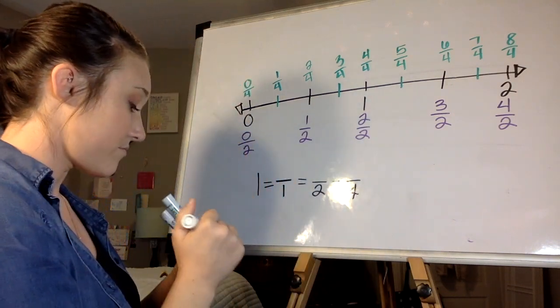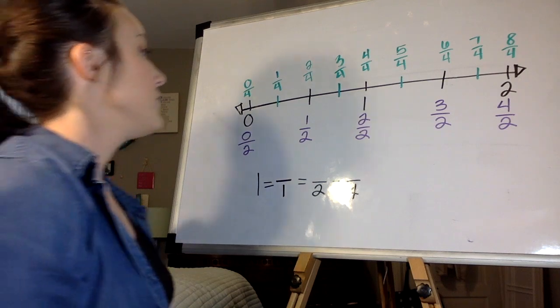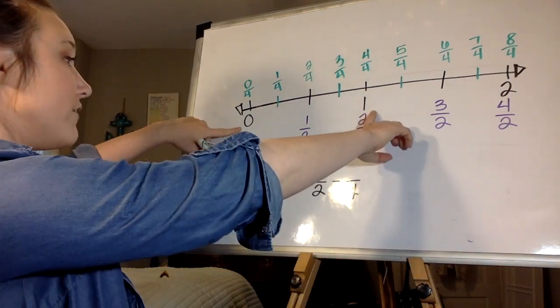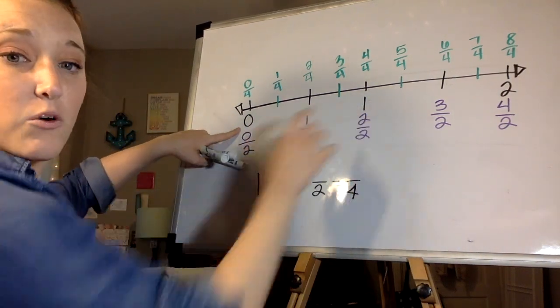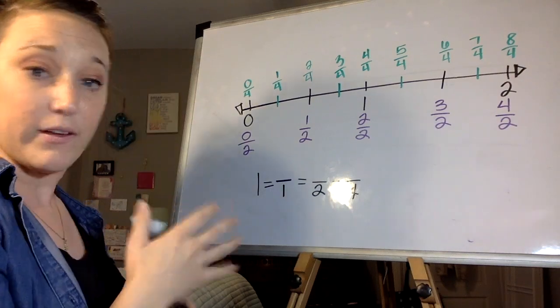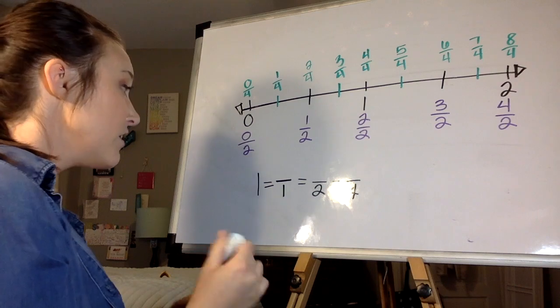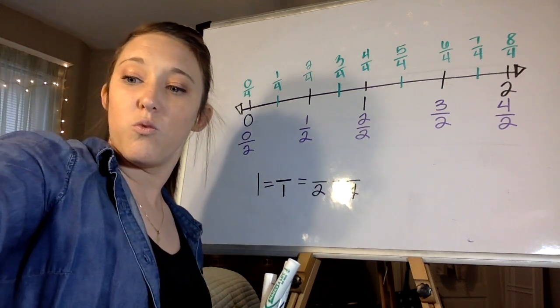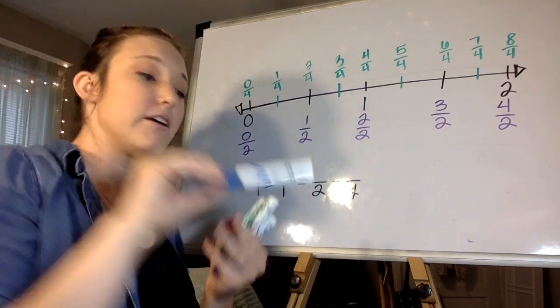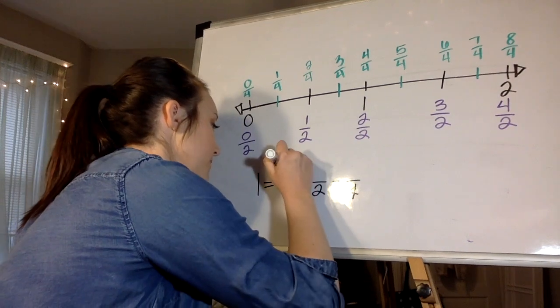Okay. So if I'm looking from 0 to 1, if it's only divided into 1 equal share, then 1 is equal to 1 over 1.